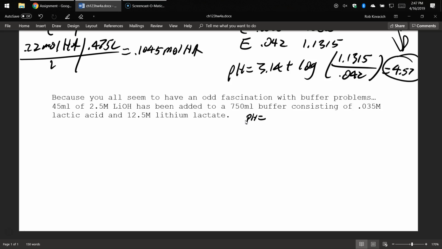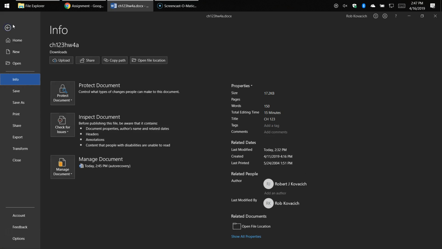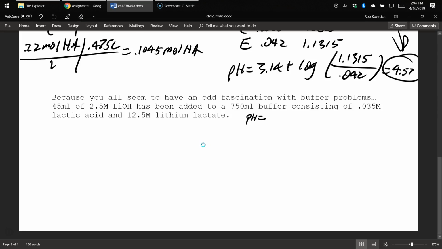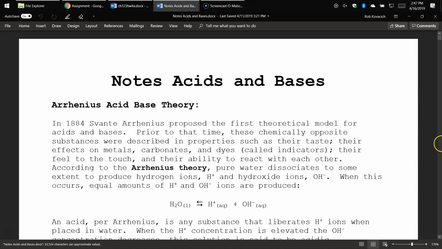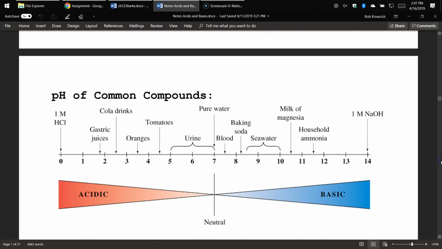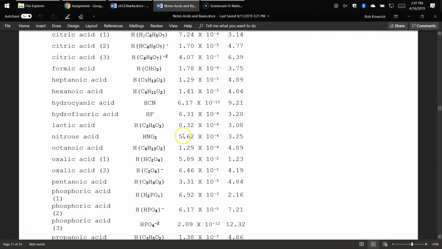And then lactic acid, I'm going to look that up. So lactic acid's pKa is 3.08.